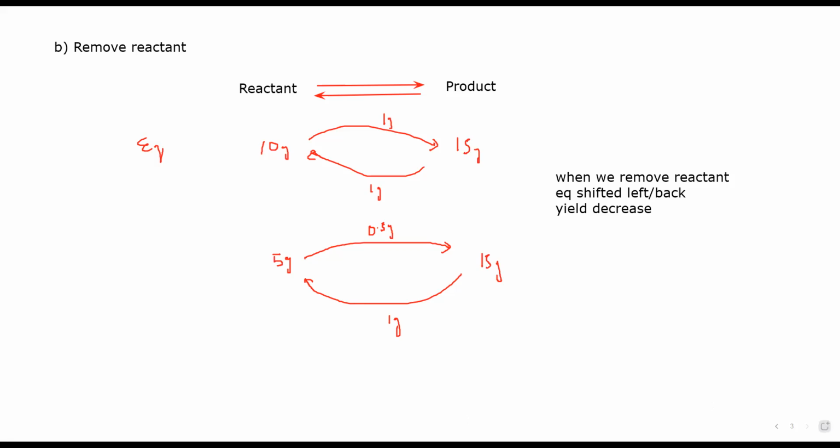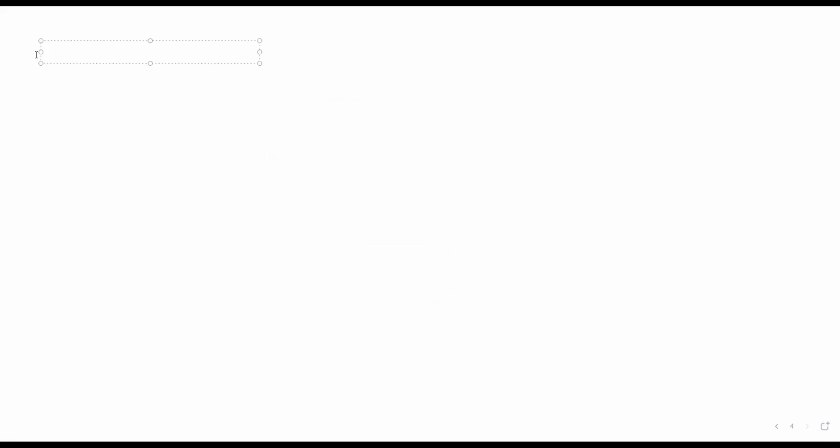The third factor affecting the position of equilibrium is if we add a product to an equilibrium mixture. So for a reversible reaction, first it is in equilibrium, we have reactant and we have product. Reactant is forming a product, and product is decomposing and forming back the reactant.